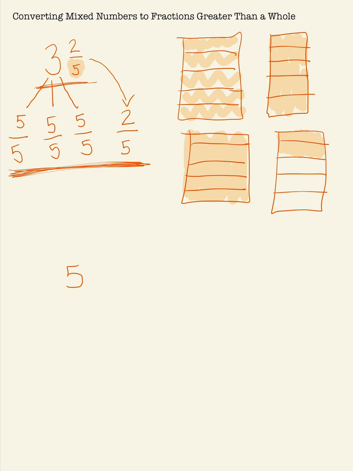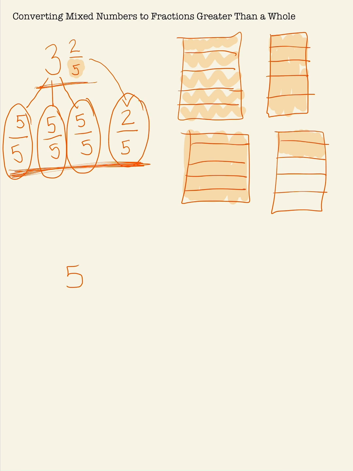Okay, and as far as my numerator goes, well, my numerator represents how many pieces are shaded, how many pieces were given, taken, depending on what the question asks. So in this case, I want to know how many were shaded. Well, I know in this one, 5 of them were shaded, this one, 5 of them, this one, 5 of them, and then this one was only 2 of them.